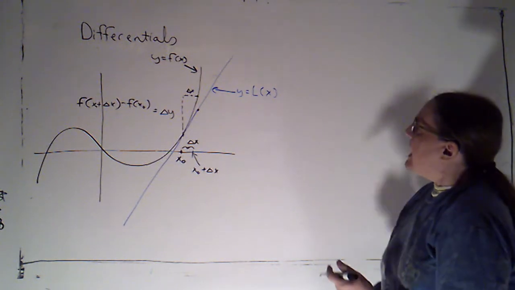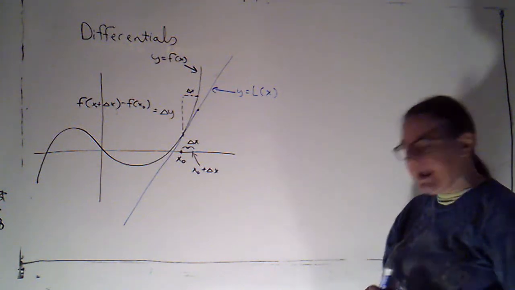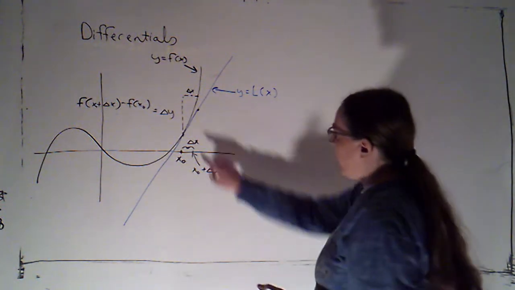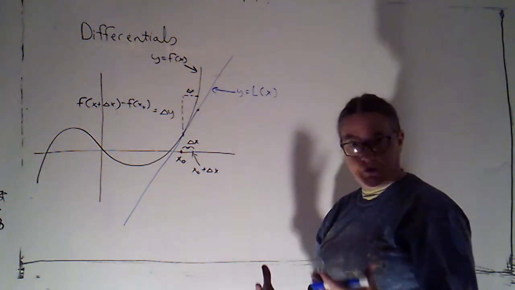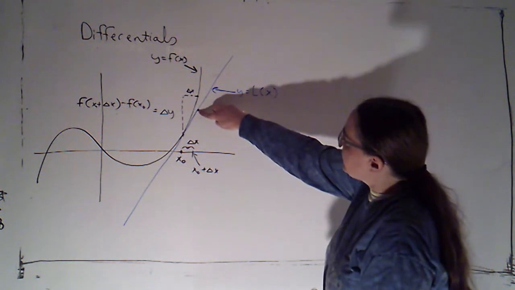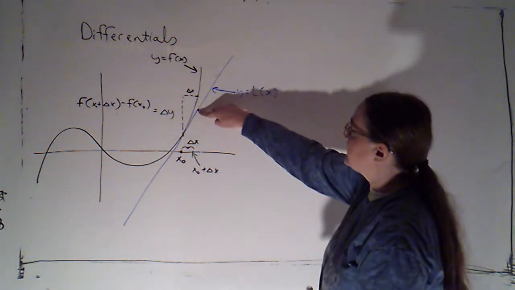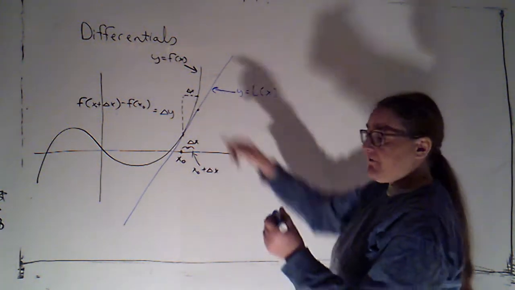Now I can do something similar on the tangent line. The point of tangency is on both the curve and the line. And this point here, which has the same second x value, x naught plus delta x, just has a different y value.